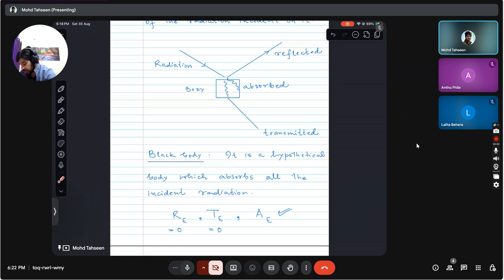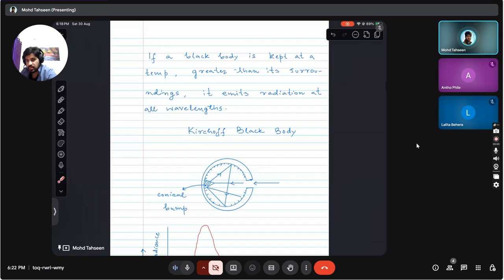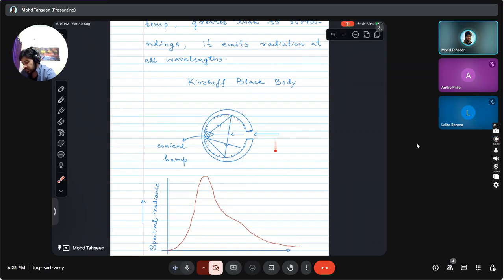So what happens if we now measure the spectrum that comes out of this black body? This is the concept of a black body which was put forward by Kirchhoff. If we look at this spherical shell, I am only able to show a section of it here, but it's actually spherical and it has a pore here.